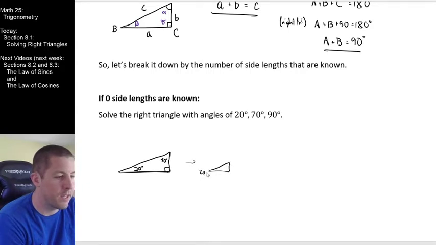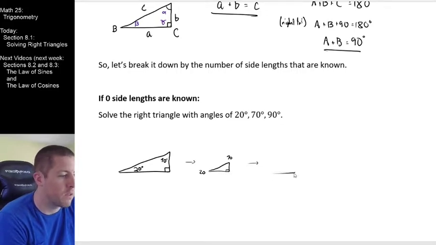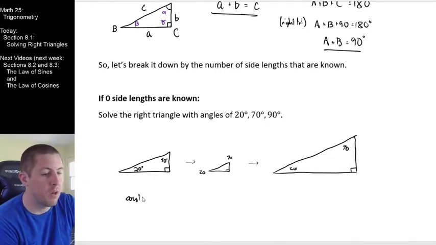Right, this could be our 20, and this could be our 70. Or we could be getting some massive triangle out there, right? That's a 20, 70, 90. So, could be any size.